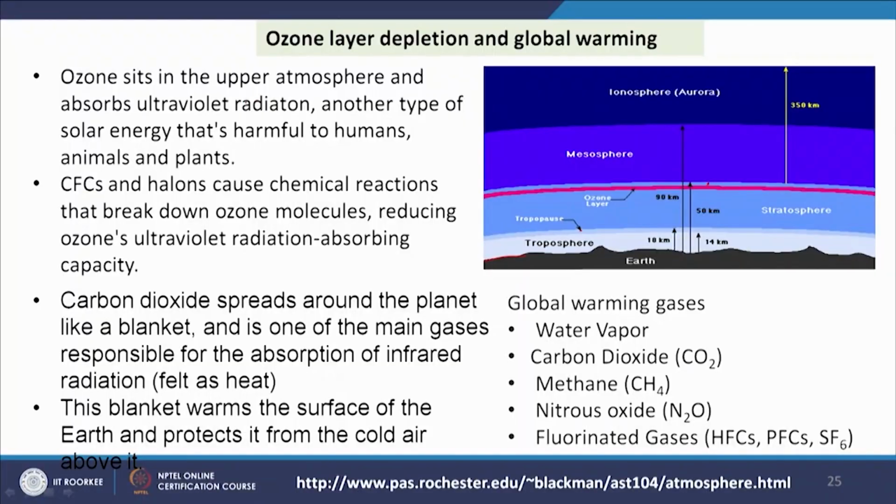Ozone sits in the upper atmosphere and absorbs ultraviolet radiation, a type of solar energy that is harmful to humans, animals and plants. CFCs and halogens cause chemical reactions that break down ozone molecules, reducing ozone's ultraviolet-absorbing capacity.